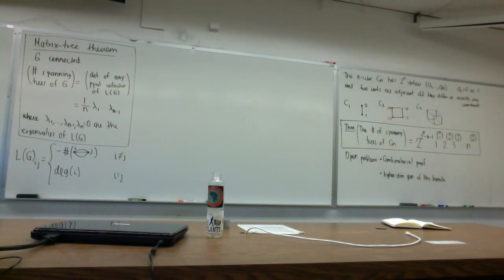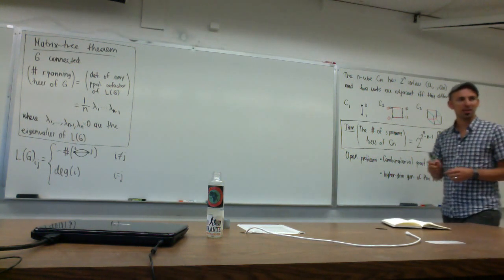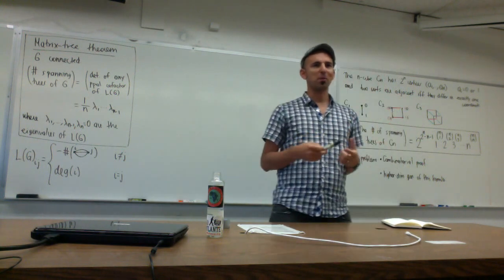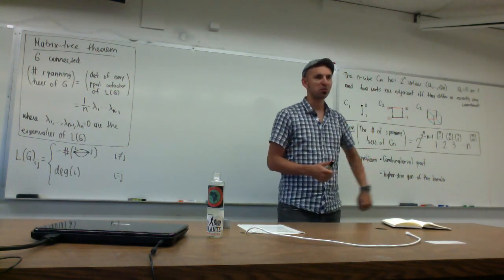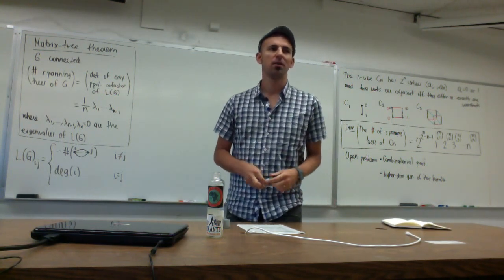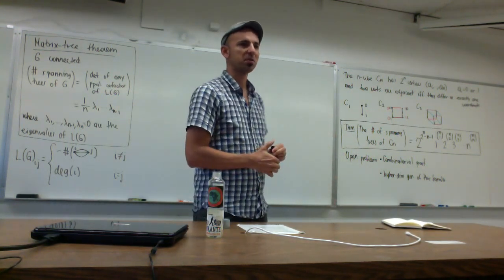I think that's a very interesting problem, and in that case, not only is there no combinatorial proof, there is no proof at all. So there's a conjecture, and it looks very similar to this, and there's no proof available for a higher dimensional version of this statement.